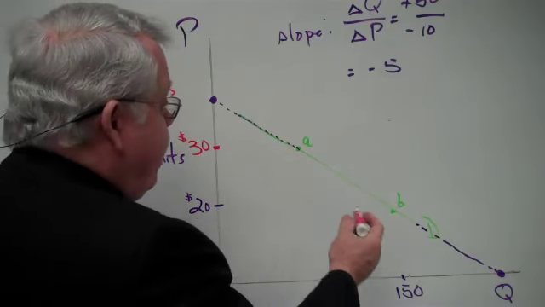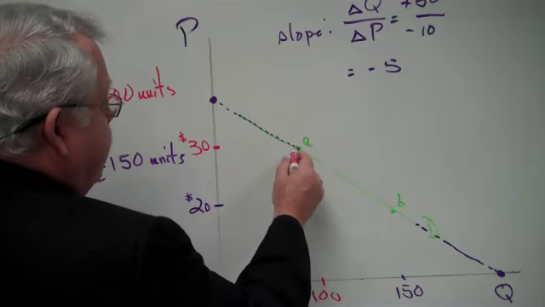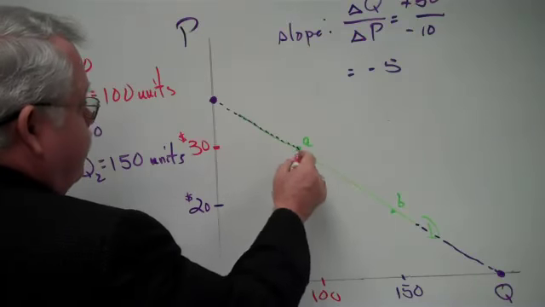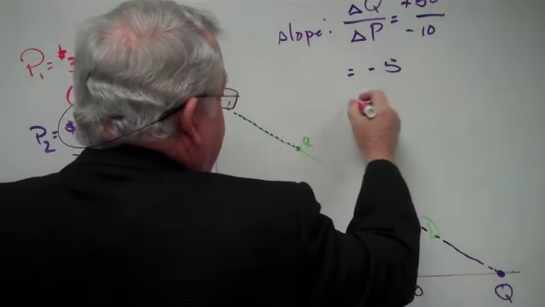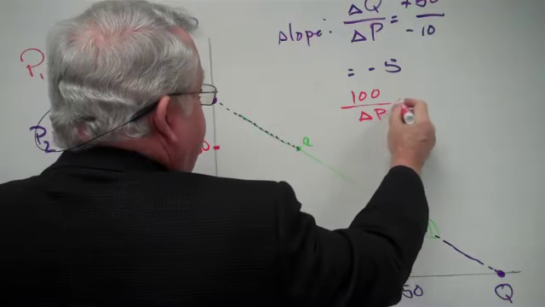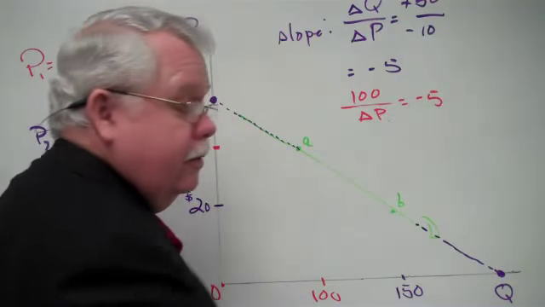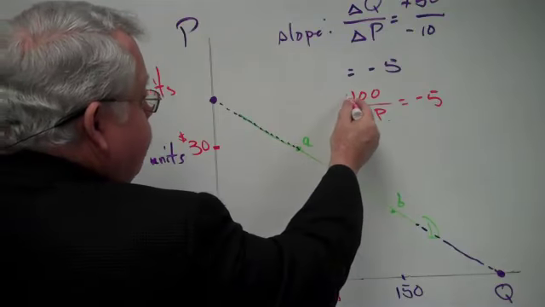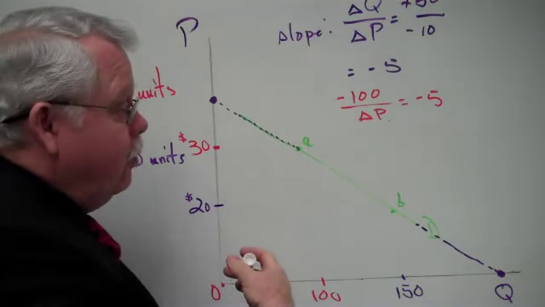What do we know from point A? We know that the quantity would have to go from 100 to 0. So the change in quantity is going to be 100. We want to know what the change in price is, and we know the slope is -5. And in fact, the change in quantity is a negative, from 100 going to 0.